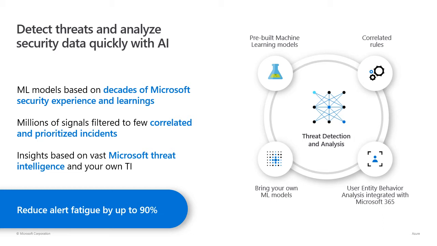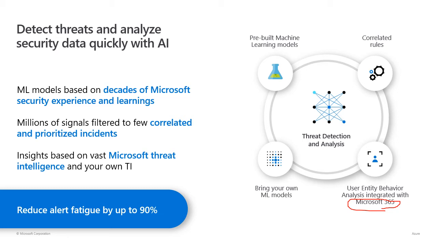And it uses entity behavior analysis integrated with Microsoft 365. By running Office and Microsoft 365 for a number of years already, we have learned a lot about how users typically behave, and more importantly, how unscrupulous users typically behave. So those are just examples of how AI reduces alert fatigue by up to 90%.